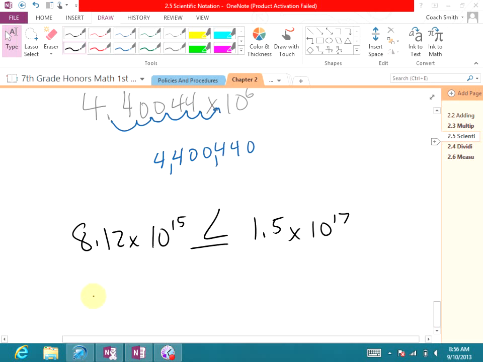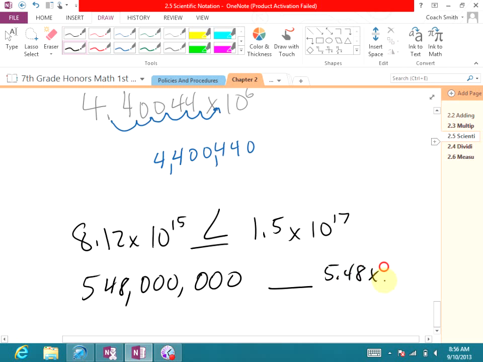They're going to take 548 million, okay, and then they're going to say, okay, 5.48 times 10 to the 7th. Well, all we have to do is this. Convert the 548 million to scientific notation.